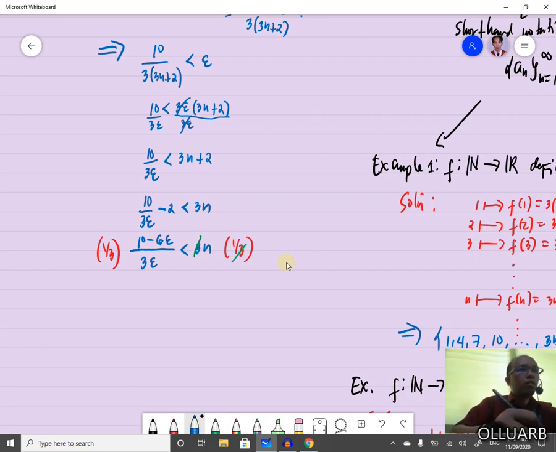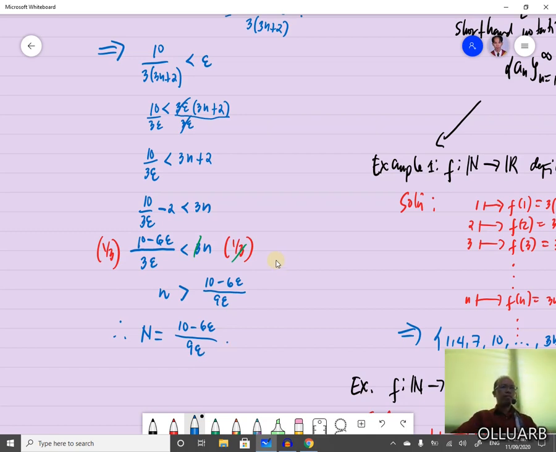Notice the sign. This is 10 minus 6 epsilon over 9 epsilon. So therefore, our big N is 10 minus 6 epsilon over 9 epsilon.